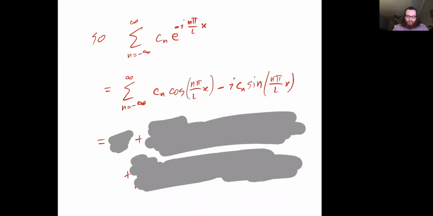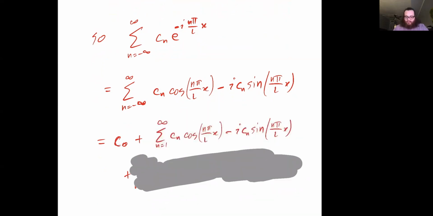When n is equal to 0, we get a C sub 0. This is cosine of 0, which is 1, and this is sine of 0, which is 0. So when n is equal to 0, all we're left with is C sub 0.